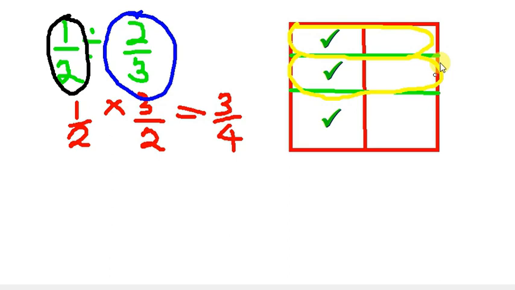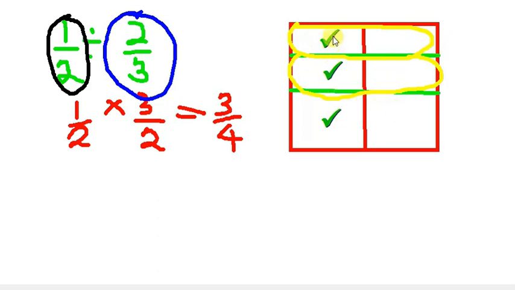Good. Now to get the answer from this illustration, what we do is that we count the vertical representations, the number of ticks, to be the numerator, and also count the horizontal demarcations, or the rows, to be the denominator.